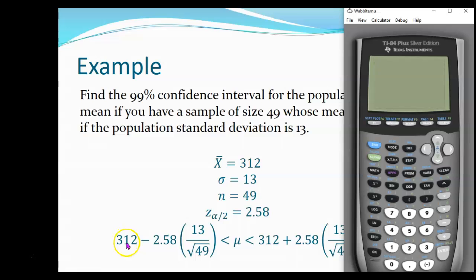I should be able to just type this in pretty much the way it appears here. 312 minus 2.58, and I don't really need the parentheses. You can put them in if you want, or you can just say times, 13 divided by the square root of 49, and if you did put the parentheses in, we can close them. And it gave me 307.2 approximately.